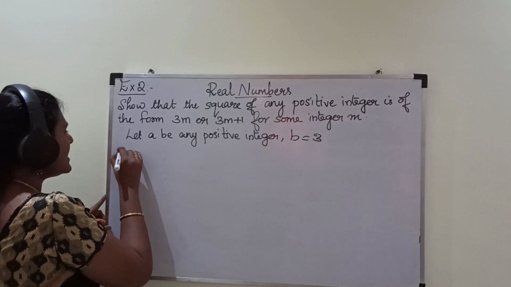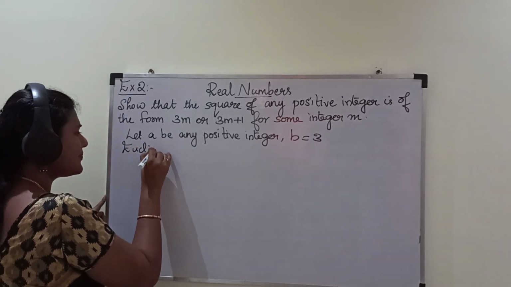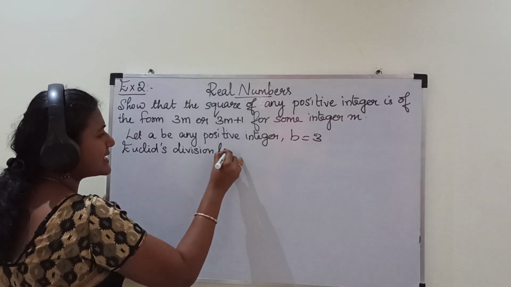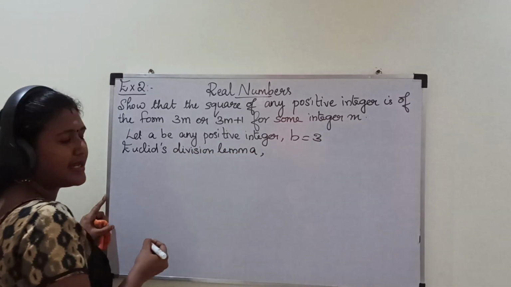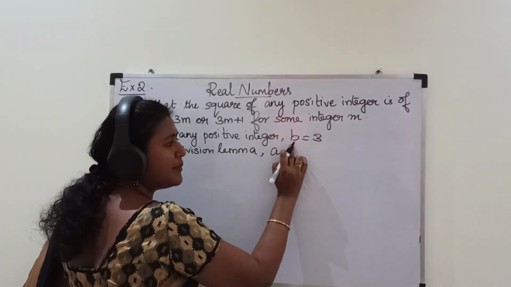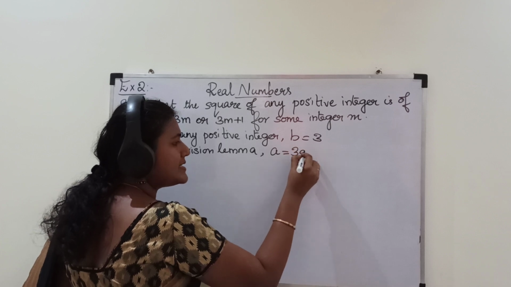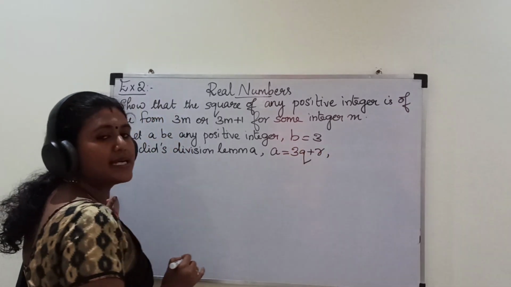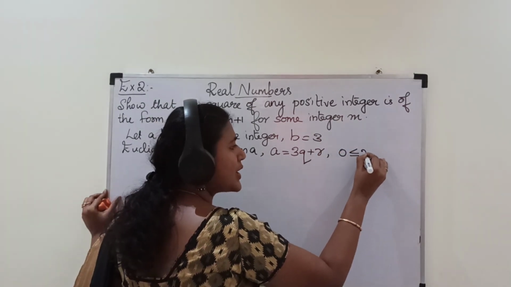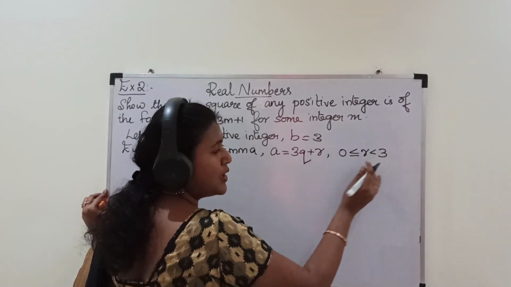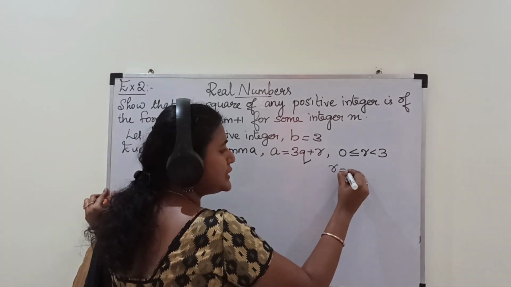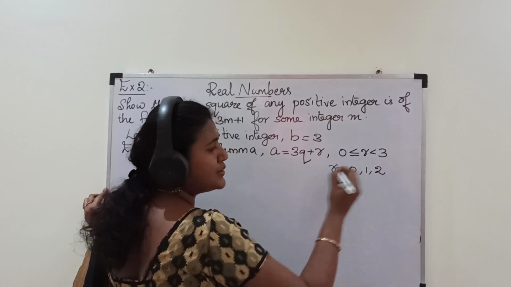Then by Euclid's division lemma, there exist integers q and r satisfying the relation a is equal to 3q plus r, where the condition for r is 0 less than or equal to r less than 3. So here the possible values of r are 0, 1 and 2.